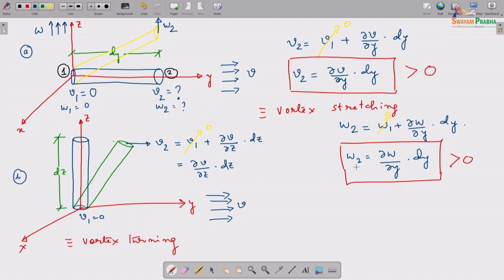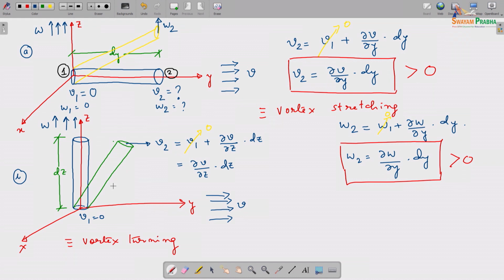Okay. So similarly, if I come back to B here, now if I again consider this velocity, this is my W. The green one, I say it has been turned by the velocity v, so what will the W do? I will have the same thing.